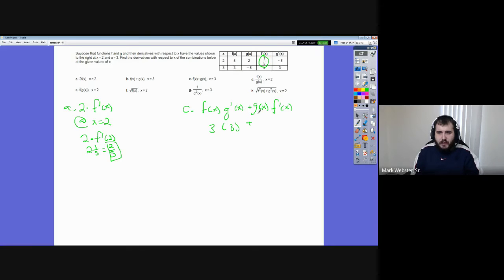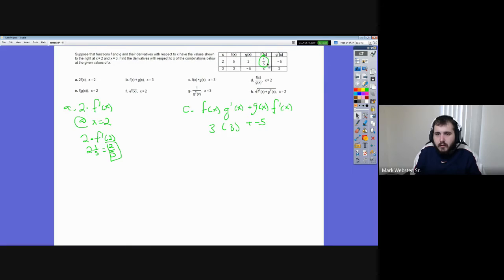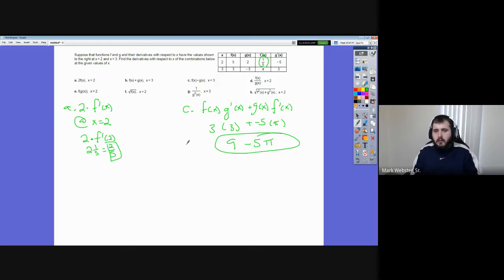G of x at 3 is -5. F prime of x at 3 is, I think that's a pi. Yeah, that's a pi. It's in the way. A little circle times pi. And then just simplify it. 9 minus 5 pi. Right? It's just take the derivative symbolically, then plug in the numbers and get your answer.